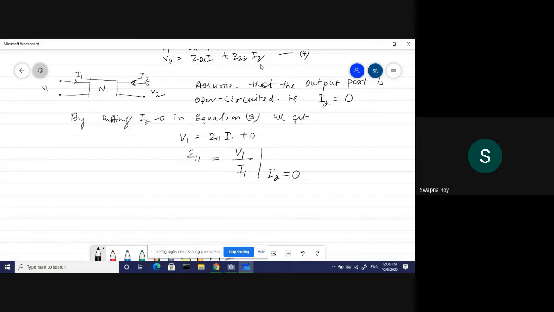In this equation, if I put I2 equal to 0, from equation 4, I can write V2 is equal to Z21 I1 plus Z22 I2, with I2 equal to 0. So Z21 is equal to V2 by I1 when I2 is equal to 0.